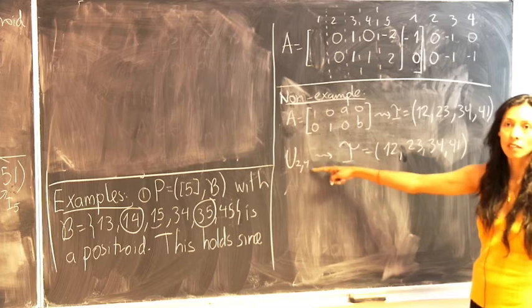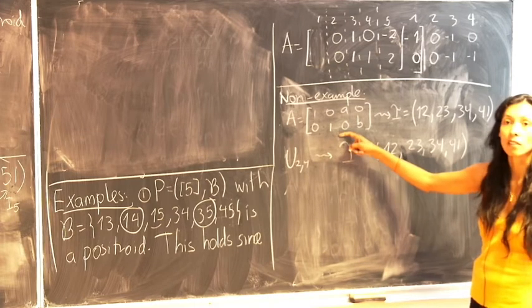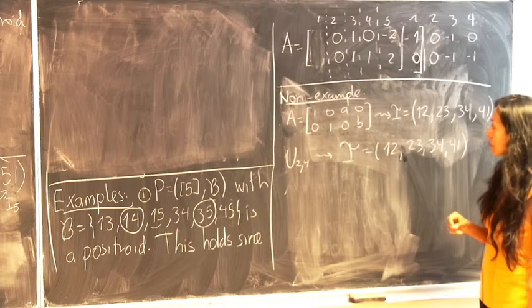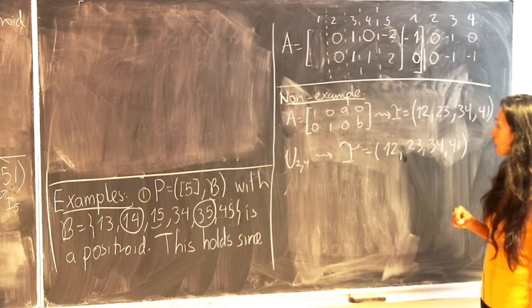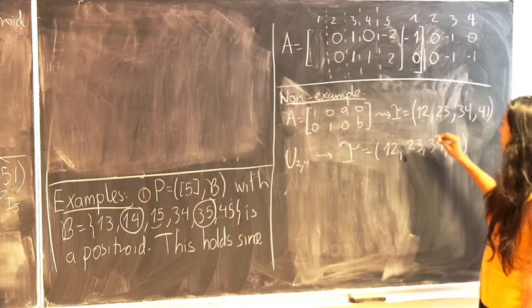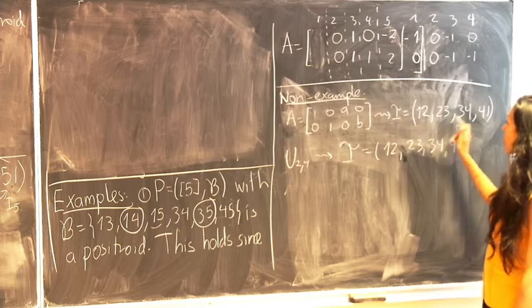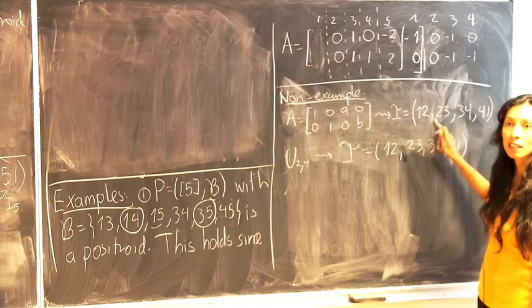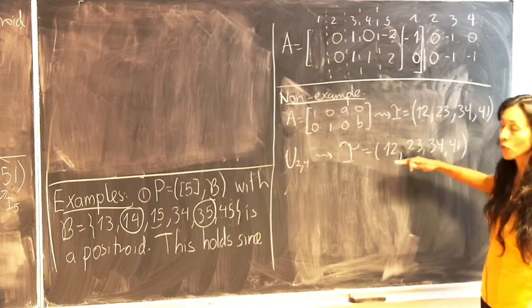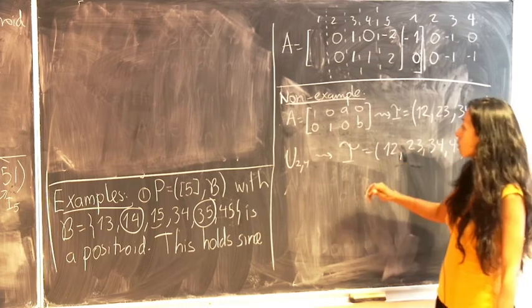This one has all the possible subsets of size 2 as bases, this one does not. And so what happens is that when you take what bases this Grassmann necklace produces, it produces all the possible subsets of size 2.